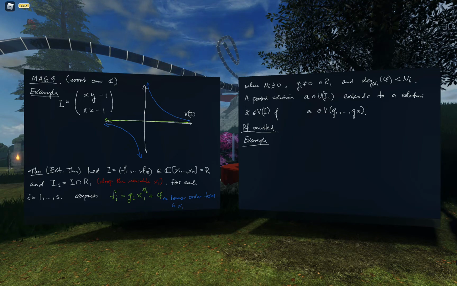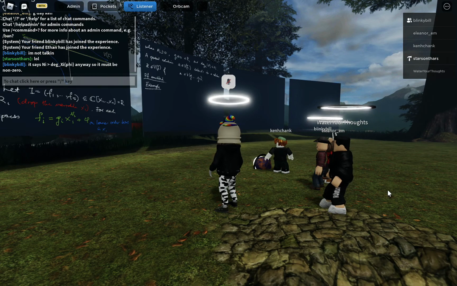Okay, but is there any true analogous statement to this? Would it be A in V of the empty set, or does it just not work? I think if it's the empty set, it's the whole thing, right? Partial extends solution if A is... Give me one second.